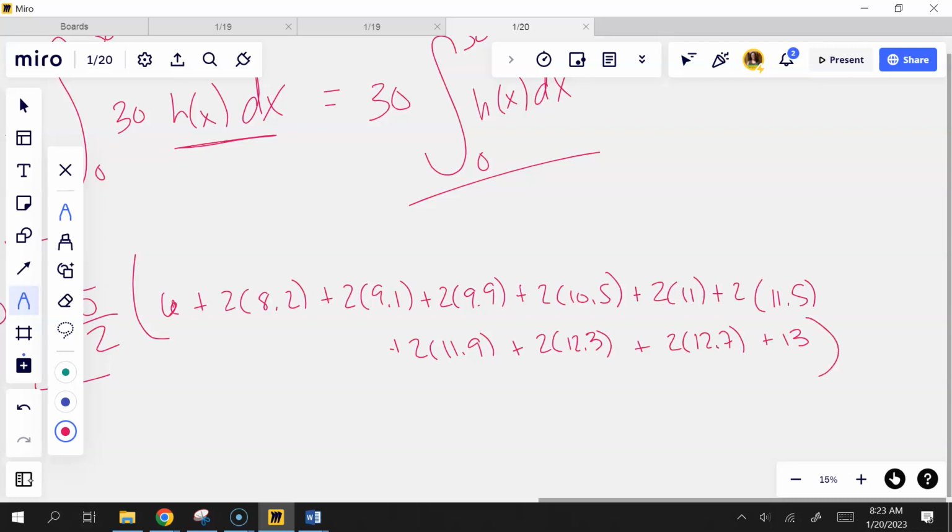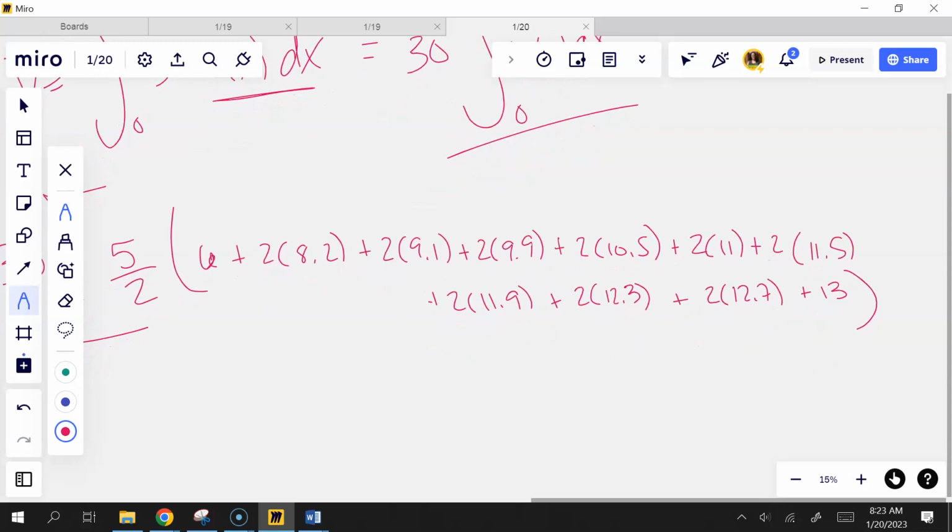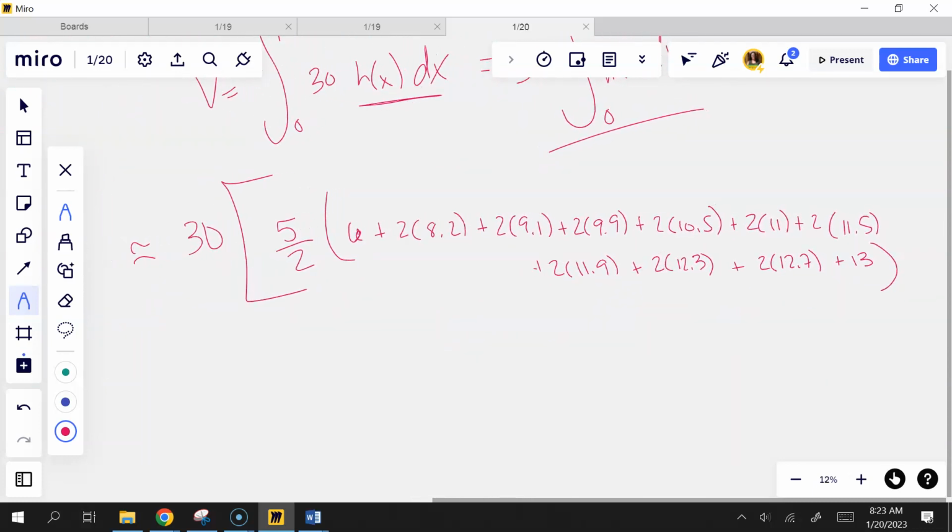That last one, that 13, doesn't get doubled because remember those endpoints just stay as they are. And now it's just on your calculator. You plug all that in, I hope you get 15,900 because that's what they got. Oh, no. Did you say no? Oh. 15 times 5. These two are going to give you 75 times.